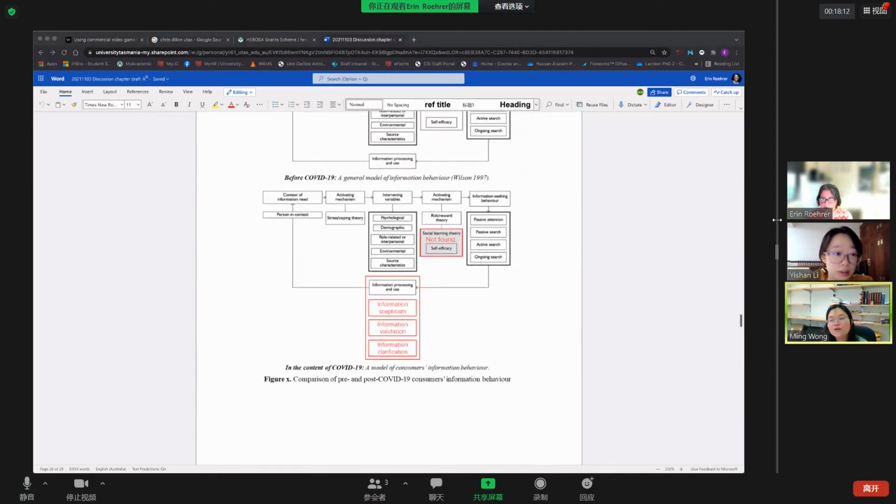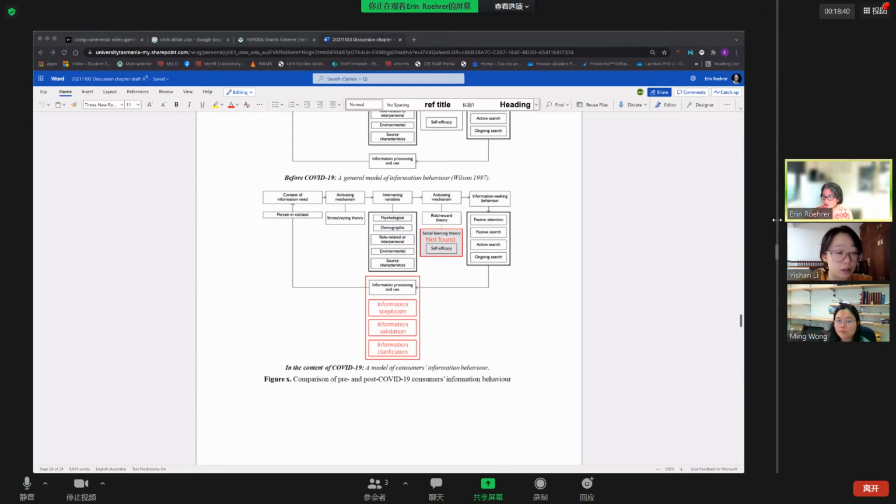So is that what you found? Skepticism, validation, and clarification. Is that what you found in your research that hasn't been highlighted in the previous model? No, it's found in the 16 literature we analyzed.